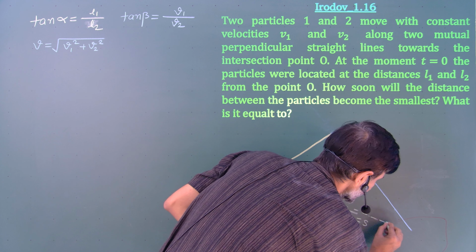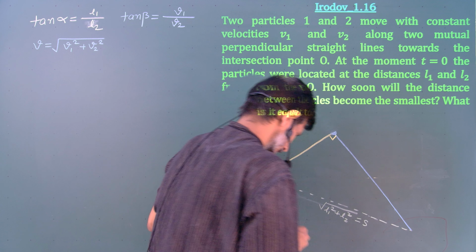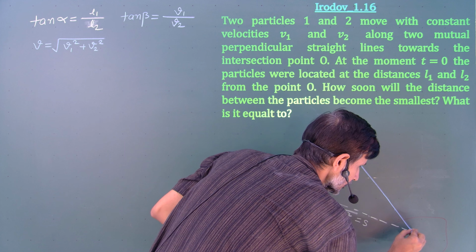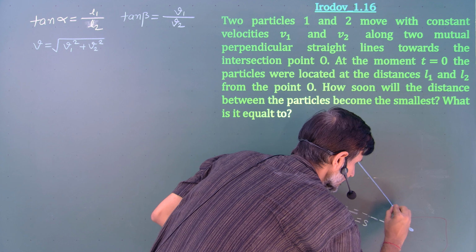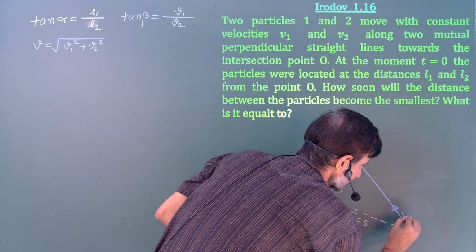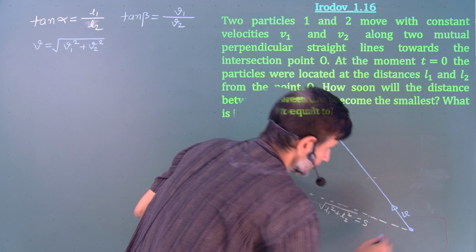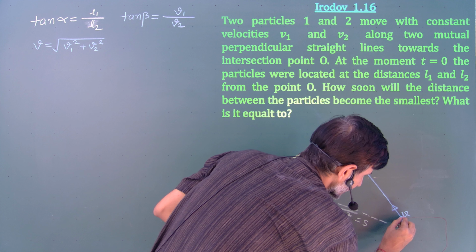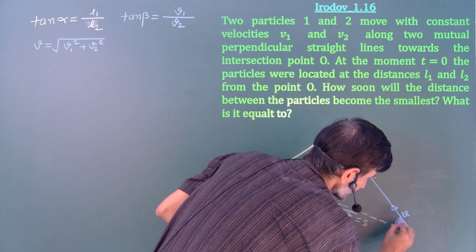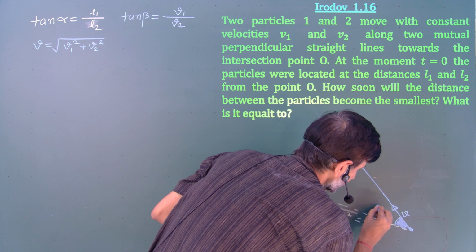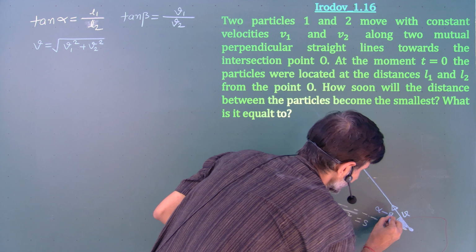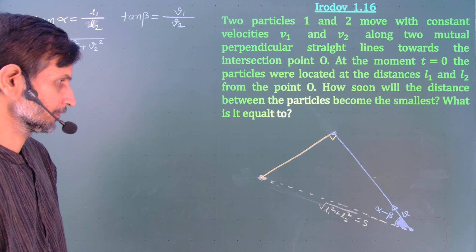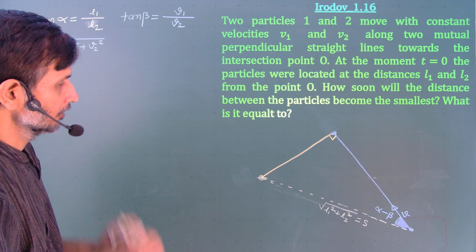So now this is the situation. The second particle from this position is moving towards this line with an angle of alpha minus beta.